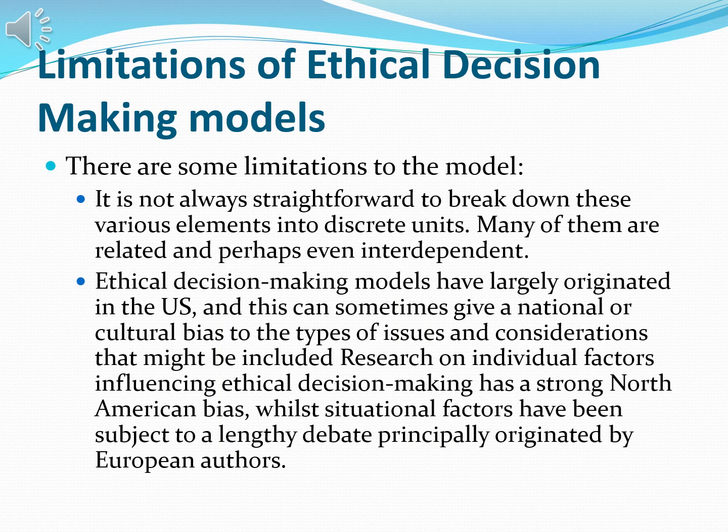After discussing all the ethical decision making models and the factors influencing them, these models still have limitations. It is not always straightforward to break down these various elements into discrete, distinguishable units. You cannot break these factors into separate units, so it may be a combination of many things when you are making an ethical decision.